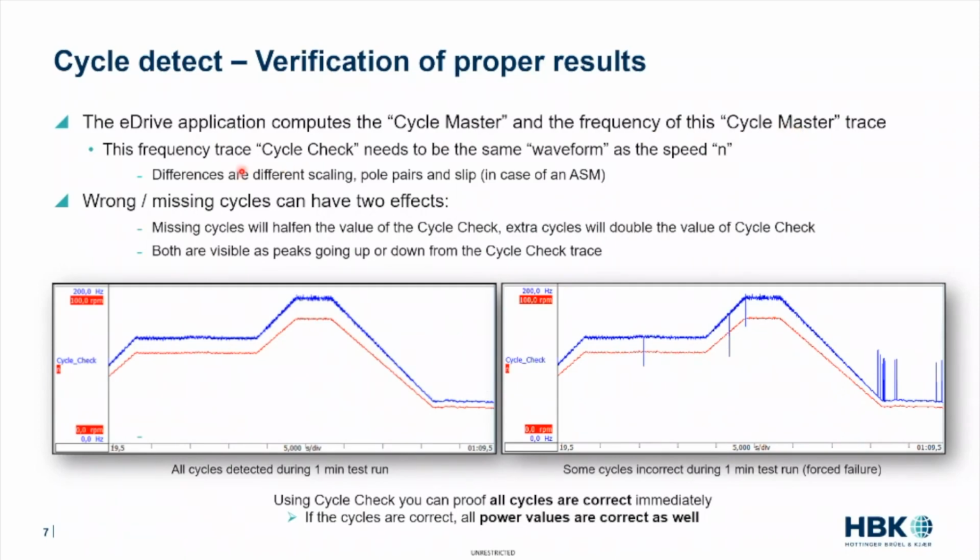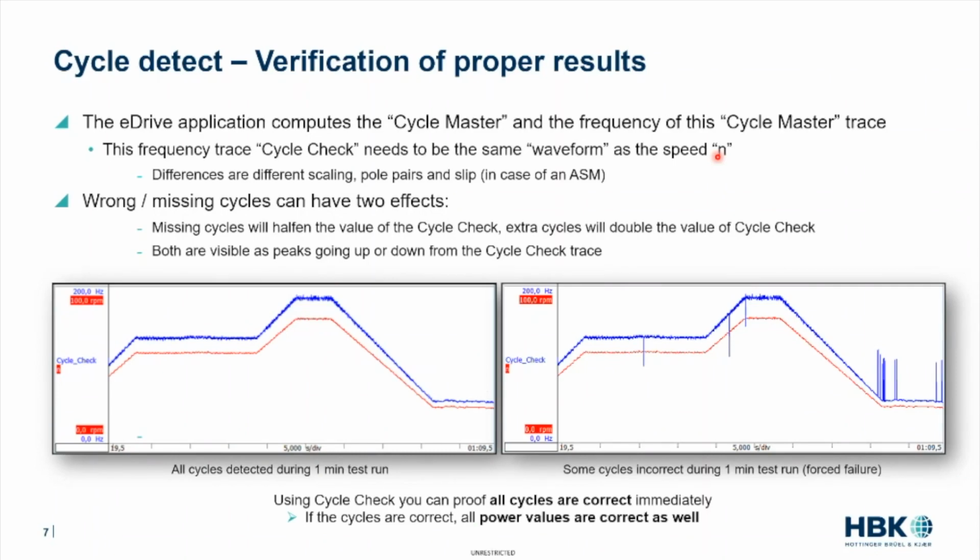When you think through that, you will figure out that this cycle check trace needs to have the same waveform as the speed in an electric drive, because it's basically the fundamental frequency on the electrical side, whereas the speed is the same, just with a few factors in it, like the pole pairs and a potential slip.